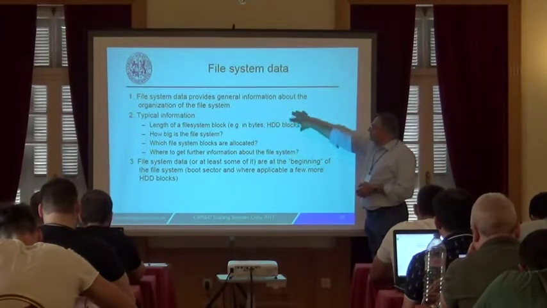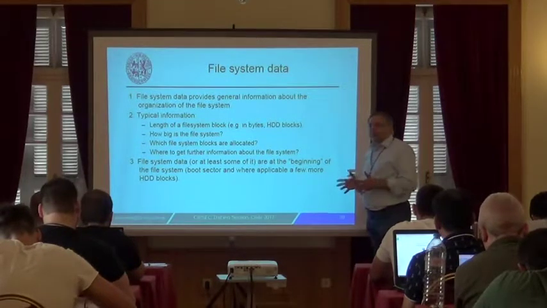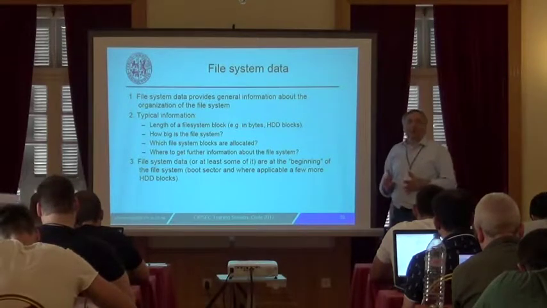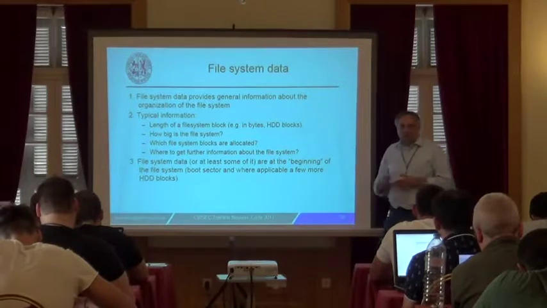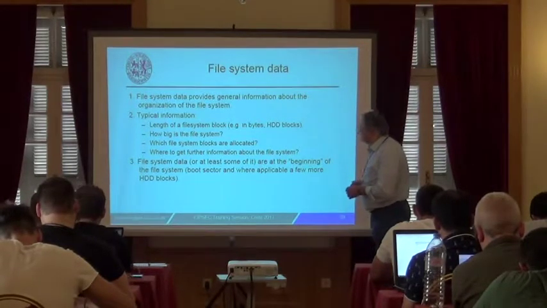Usually in Unix notation, this would be part of the superblock, and we definitely can find one copy at the beginning of the file system, and there might be additional copies spread all over the place for redundancy.